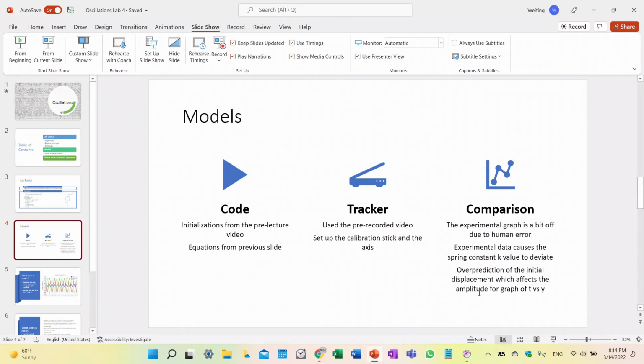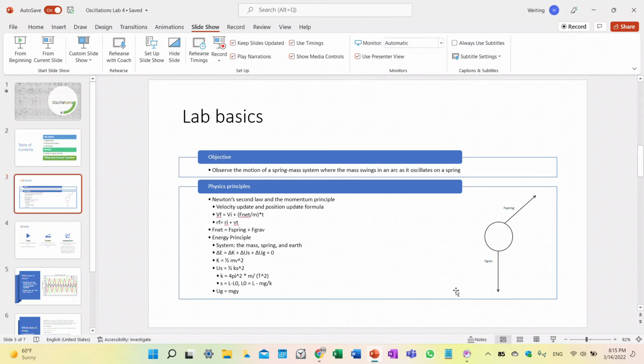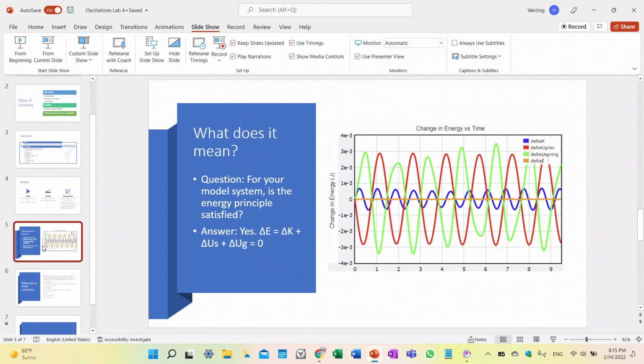And for the T versus Y graph, I could have possibly over-predicted the initial displacement, which affects the amplitude of the graph. To fix that, I would try to redo my T and then recalculate my K, and also try to get the correct initial displacement by redoing the tracker data.